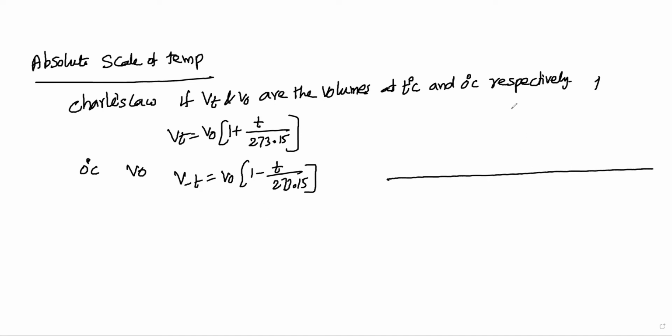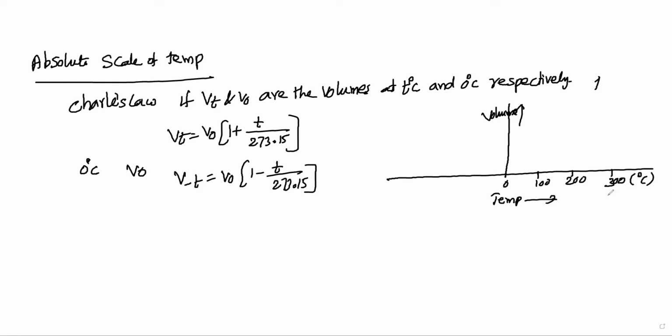If you draw on the scale, this is temperature and this is volume. This is at 0 degree, 100, 200, 300 degree centigrade.